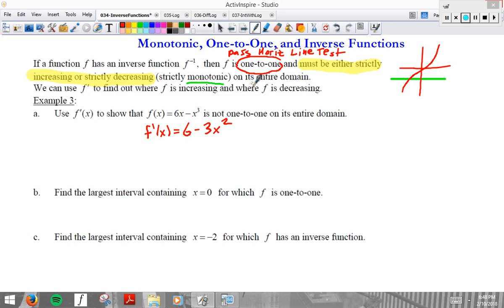This should make you think of a test. In fact, the test, as you think about it, 3, 2, 1, the derivative test. The first derivative test, a first derivative number line. I'm going to make an f prime number line. So we should try to set this equal to 0 to find the critical numbers.